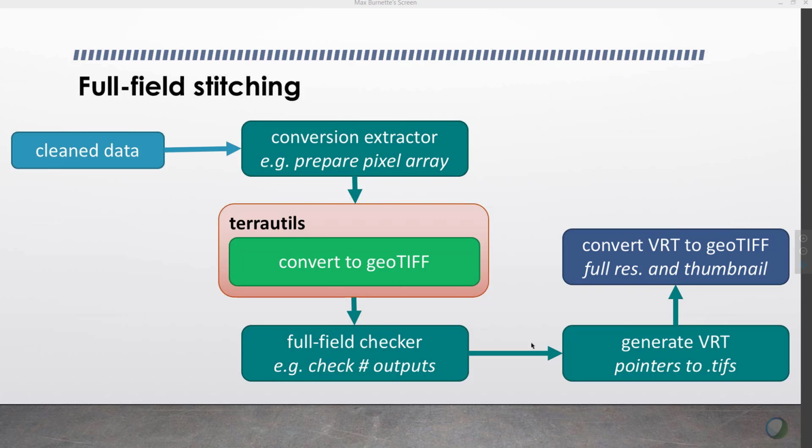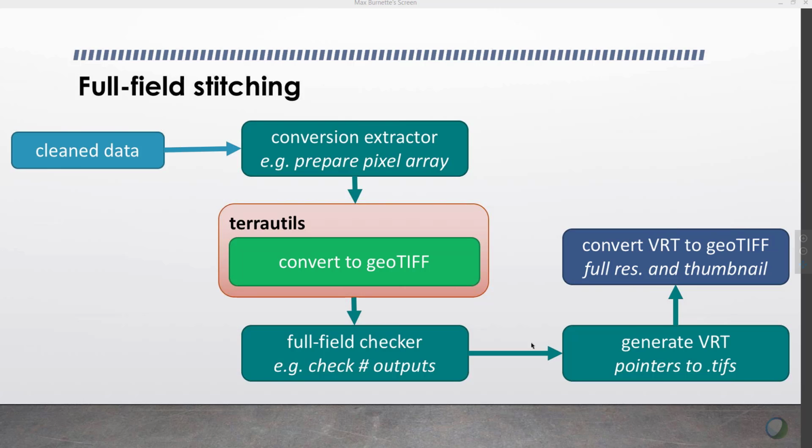So we generate these geotiffs as we go. For example, the stereo RGB camera might generate 8,000 images per day as we scan the entire field. So we have a little module that's generating geotiffs from each of those captures and checking the total number of geotiffs that we have. Once we are confident that we have all 8,000 geotiffs generated for that day, we can go ahead and stitch them together.